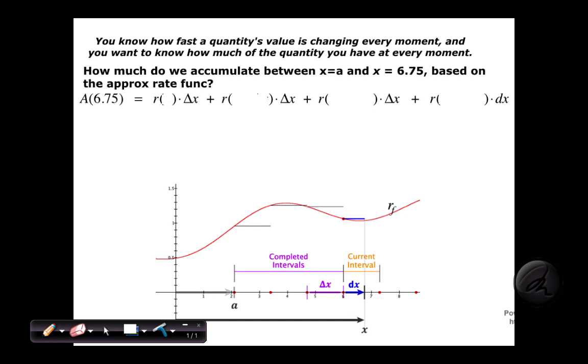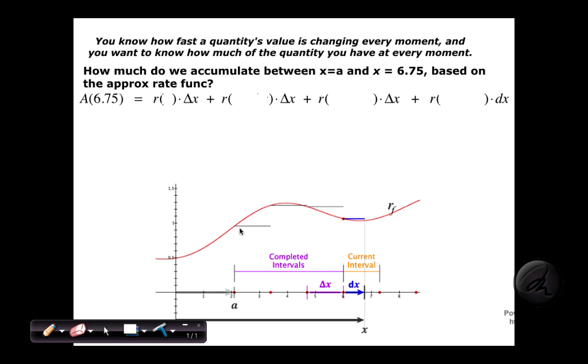So if I want to do that, I'm going to use that rate starting at a for a little bit, and then I'm going to use the rate at the next interval designated spot for the next delta x units. And there's going to be 3 intervals where I do that rate times delta x, an m dx sort of expression where the m is our rate function value that we're pretending is constant.